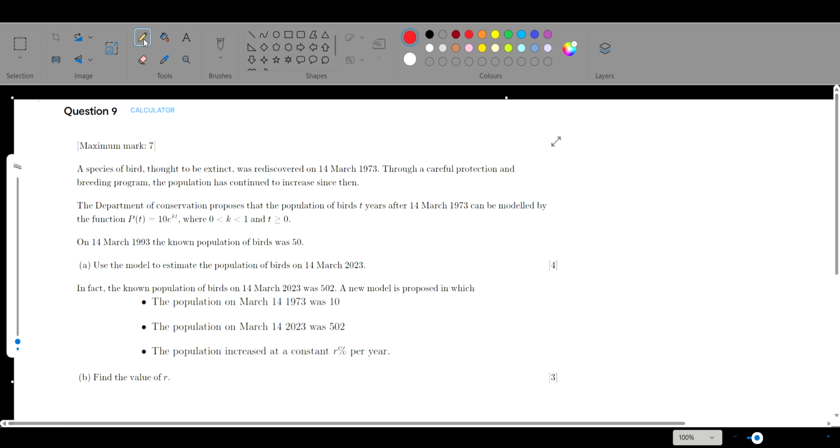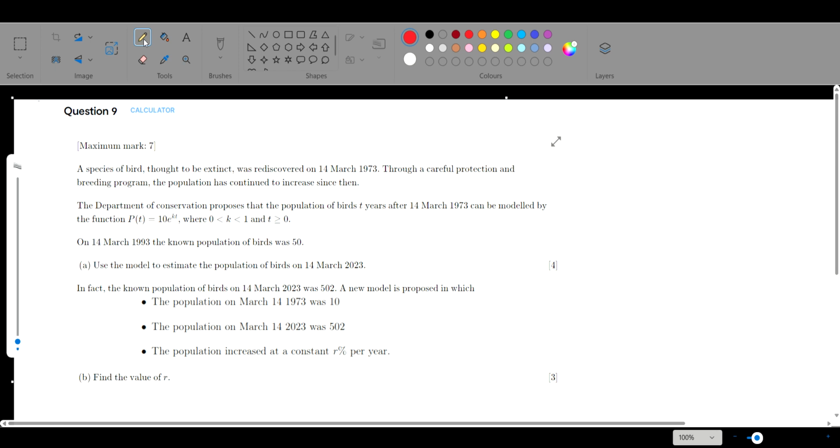Right, so what is the population on March 14, 2023? It actually started from 14 March 1973. At that time, the function was modeled as P(t), the population, as 10 e raised to the power kt, and on March 1993, the known population of birds was 50.